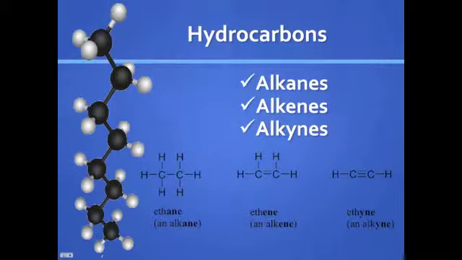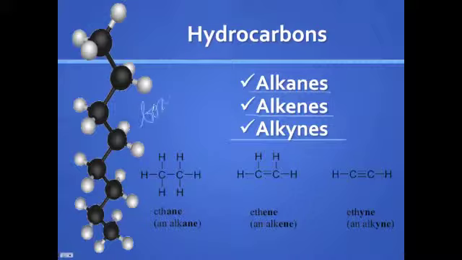So, what are hydrocarbons? Hydrocarbons are organic compounds made of hydrogen and carbon. Hydrocarbons are divided into mainly three groups. These three groups are alkanes, alkenes, and alkynes. The main difference between alkanes, alkenes, and alkynes is their type of bond.